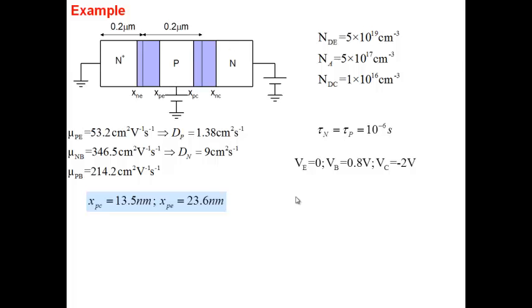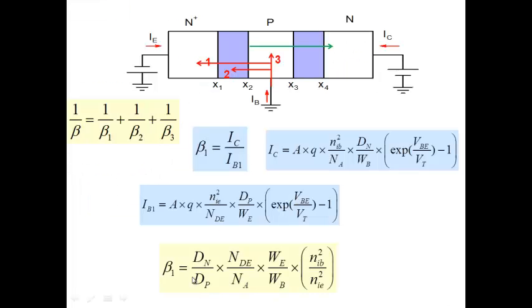Now, remember in our expression for the current gain, it requires WE, which is the thickness of the neutral region here. WE is not the total emitter thickness, it's the thickness of the neutral region. Similarly, WB, as we said earlier, is the thickness of the neutral region in the base.